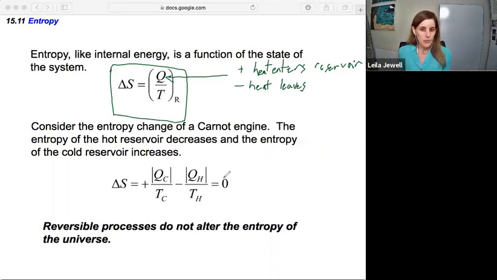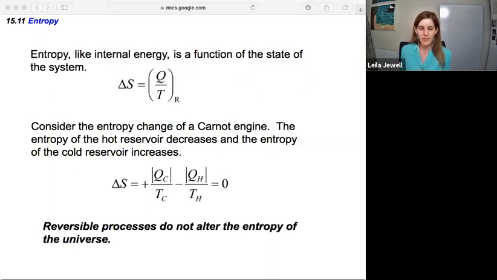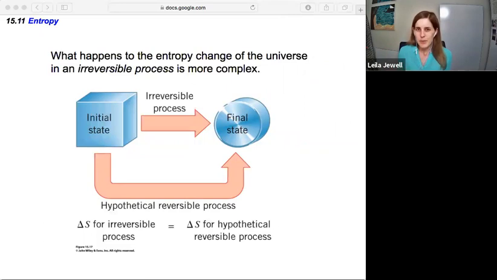What about irreversible processes? We said that this equation works for reversible processes, but much of life is not reversible. What do we do then? Well, it's a bit more complex. We don't know exactly how the entropy changes during an irreversible process. But between the initial state and the final state, where an irreversible process spontaneously occurs, we could imagine a hypothetical reversible process that goes between the same initial and final states.